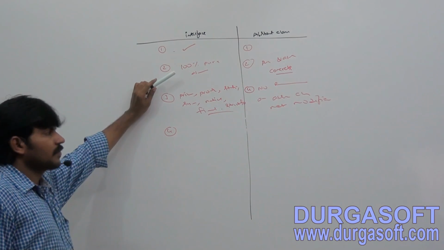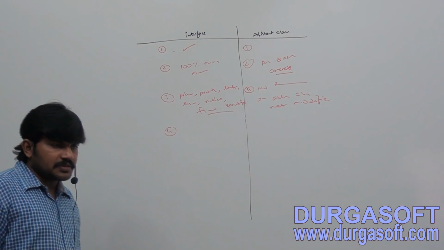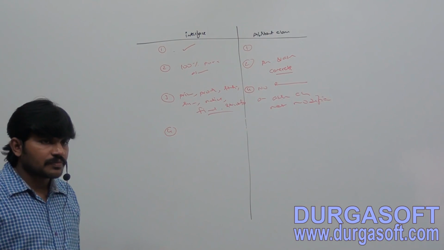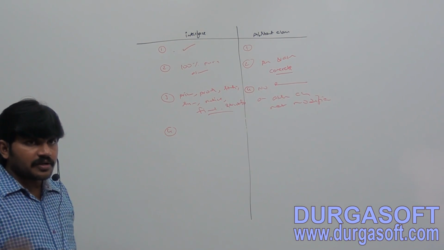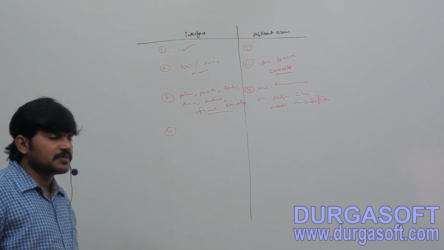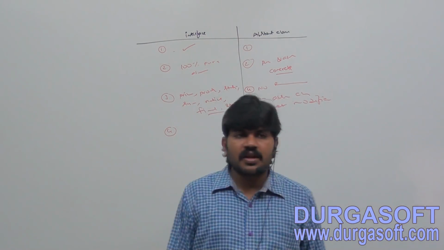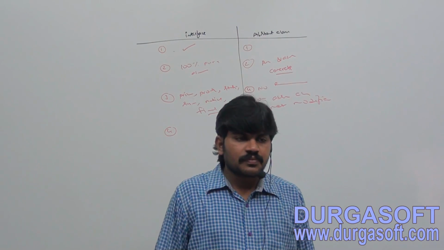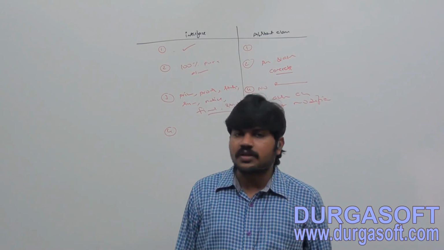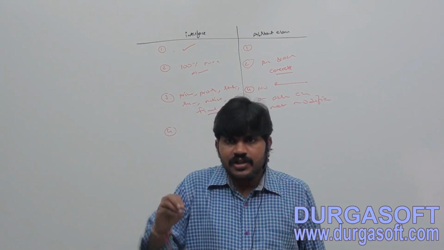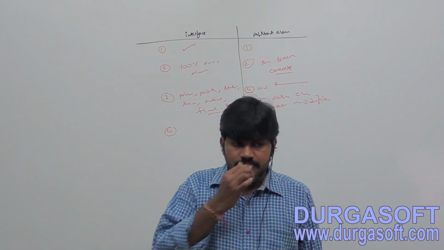Next, second point. Inside interface, every method is always public and abstract, whether we are declaring or not.